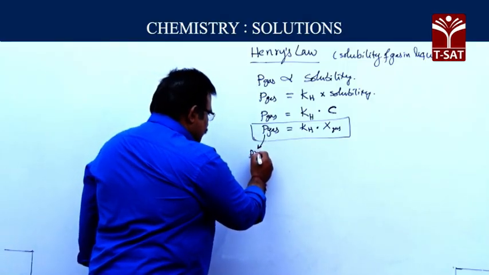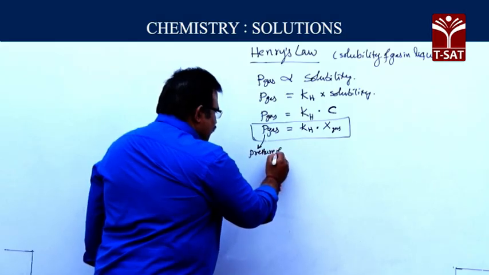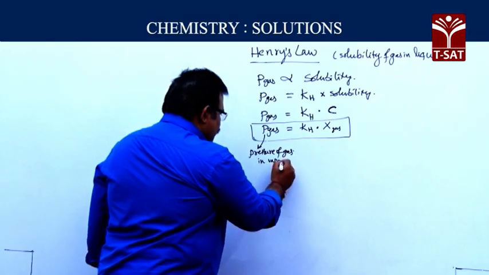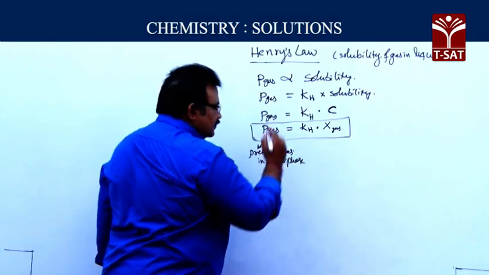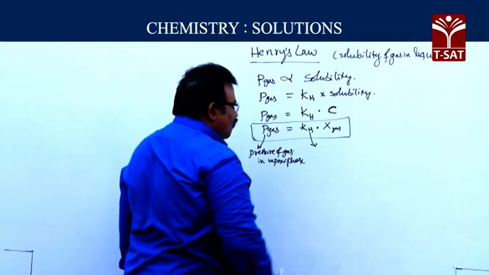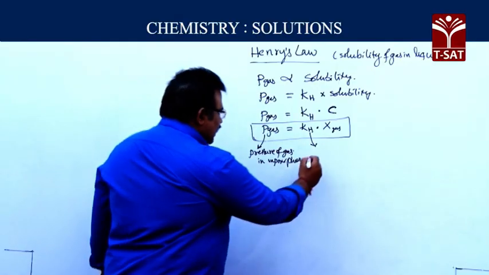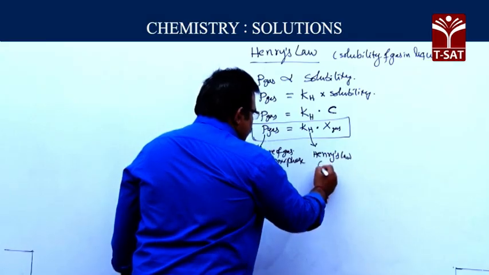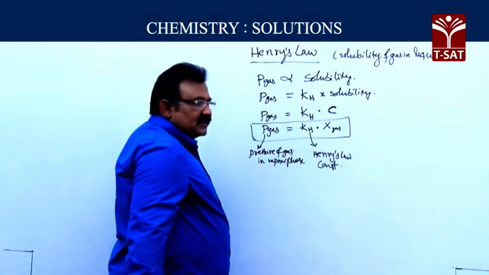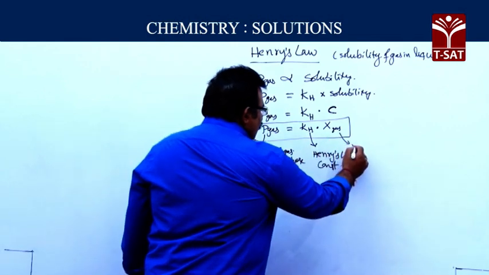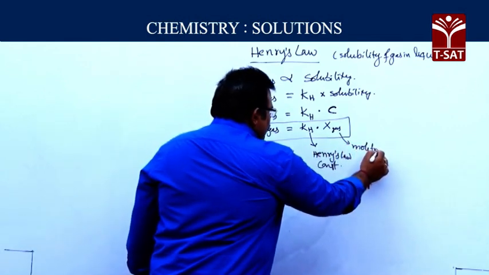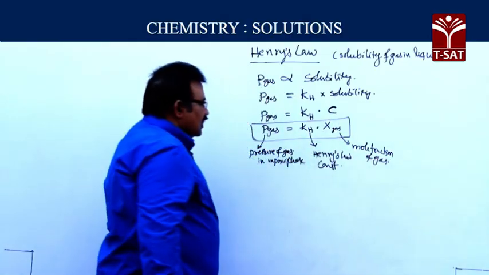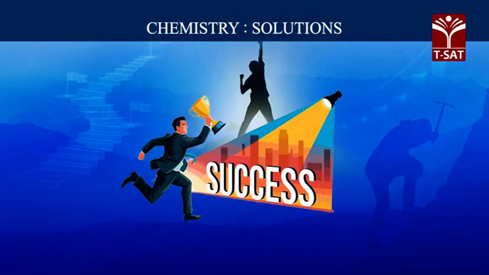P gas means pressure of gas in vapor phase. KH is Henry's law constant. This is the mole fraction of gas in the given amount of liquid.